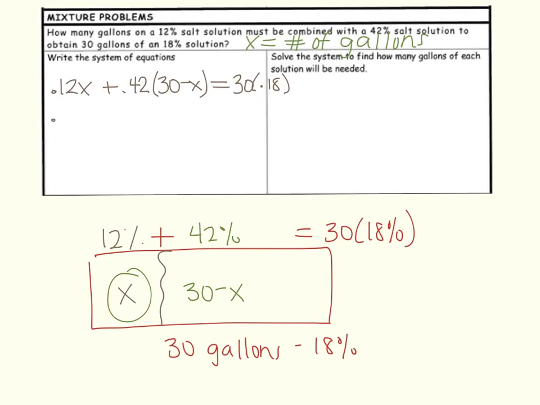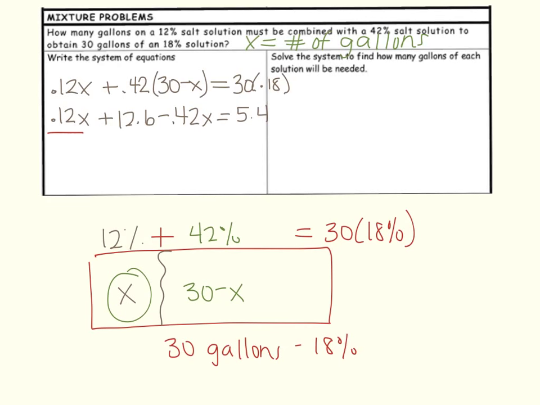So I'm going to distribute and combine like terms. 0.42 times 30 minus x is going to give me 12.6 minus 0.42x, and 30 times 0.18 is going to give me 5.4.